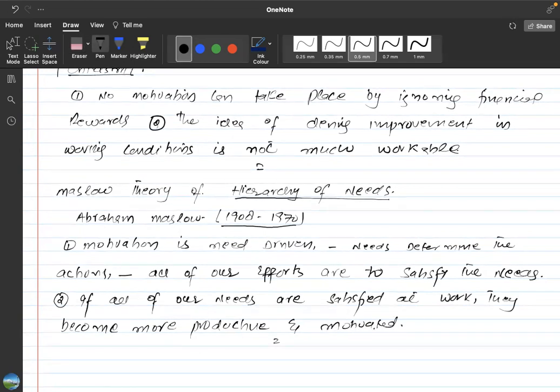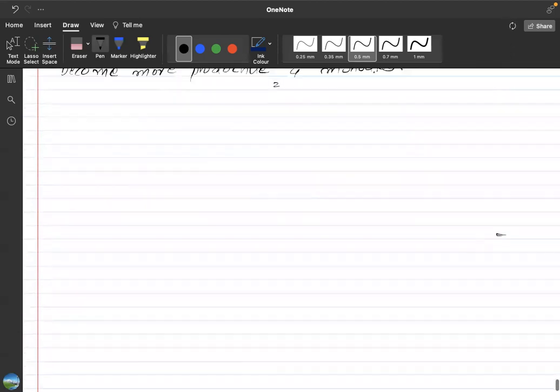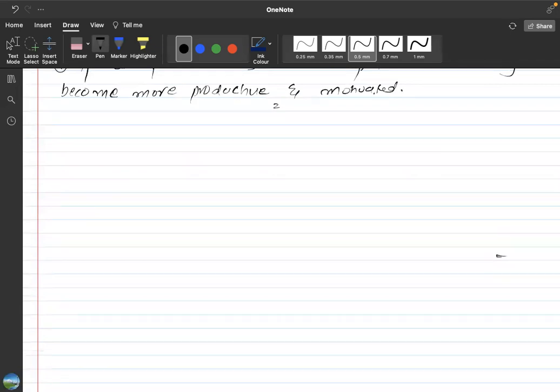So these are two simple ideas behind the theory, but to understand the theory in detail, we'll draw a hierarchy, a pyramid. With the help of that, we'll try to study and understand the theory. Maslow has stated that human needs have 5 stages.